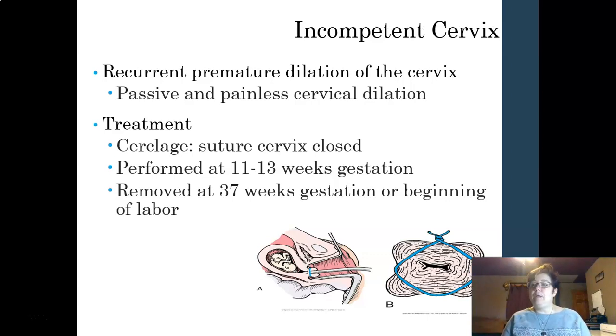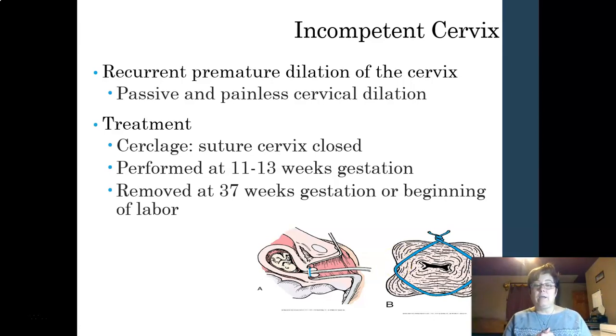If we look at her history and the doctor notices that she's had 3 miscarriages around that time, then they're going to think, oh, I bet you she has an incompetent cervix. So what they're going to do the next time she becomes pregnant is perform a procedure called a cerclage. A cerclage is basically a stitch or a suture that is sewn around and through the cervix and tied in a knot to keep it closed during the pregnancy.